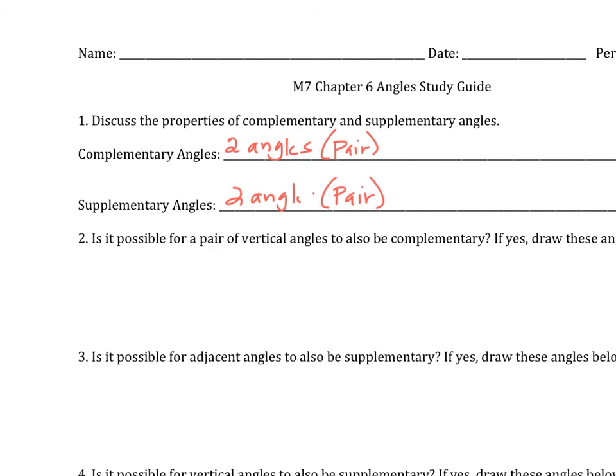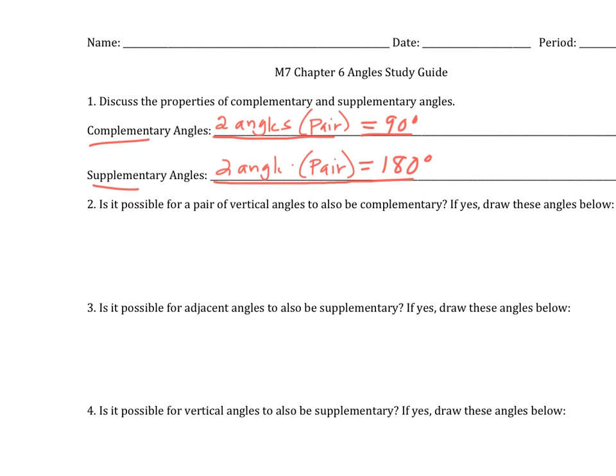Complementary angles add up to equal 90 degrees, and supplementary angles add up to equal 180 degrees.